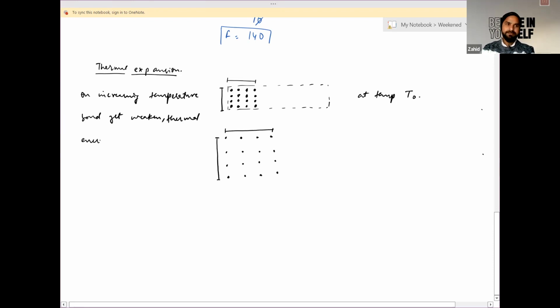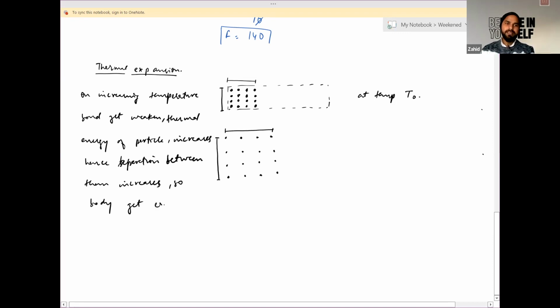Thermal energy of particles increases, hence separation between them increases, so the body expands.